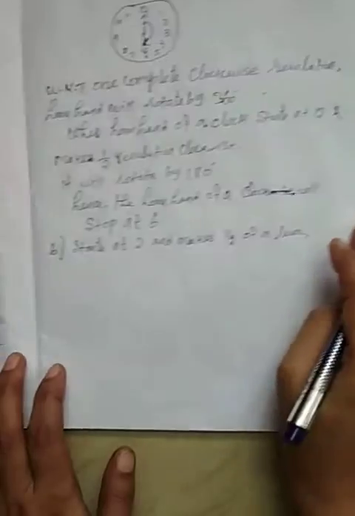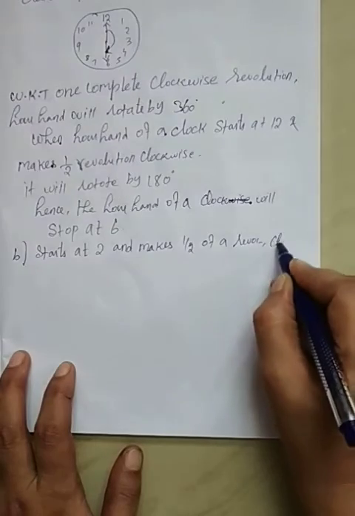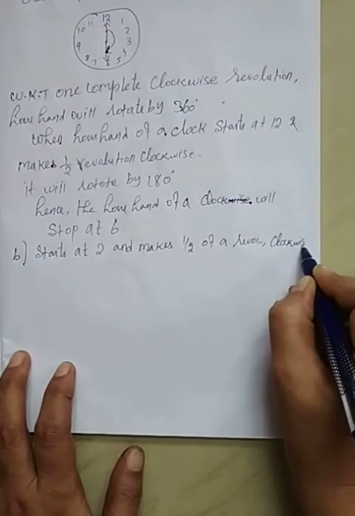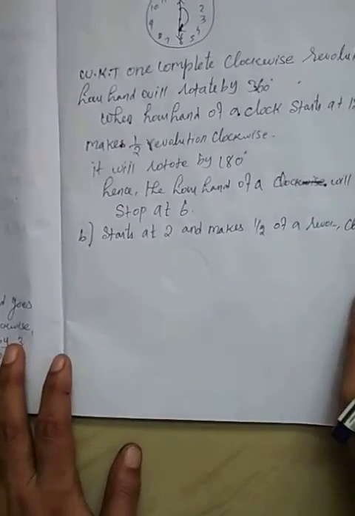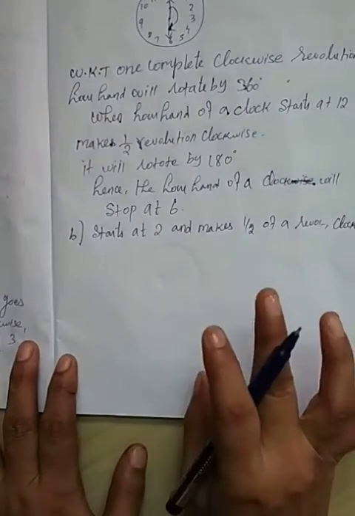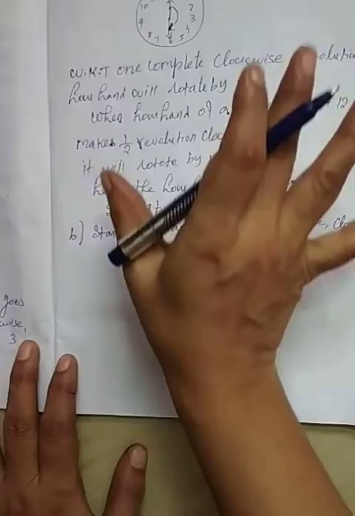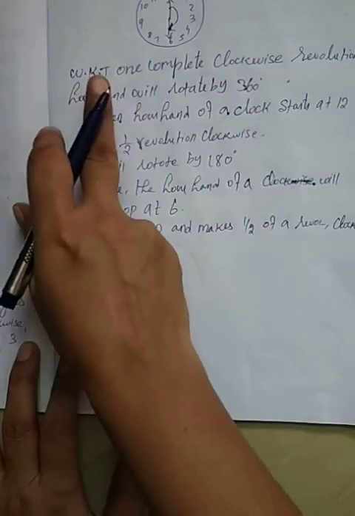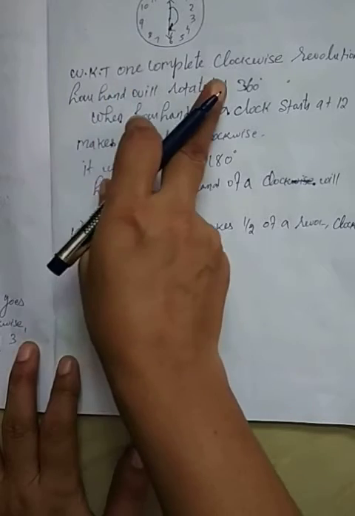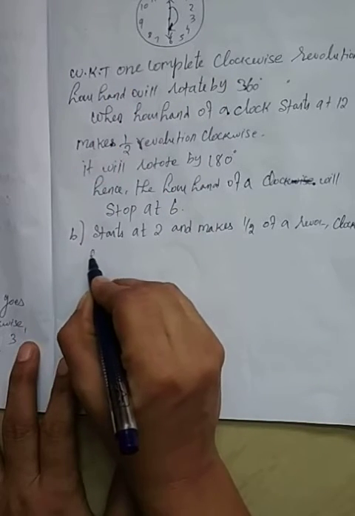How can you solve this problem? First you have to write these lines. After that you have to draw the diagram. First you have to write this line. Everybody knows that, right.